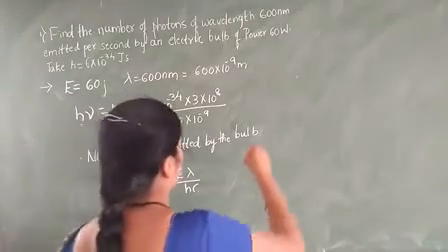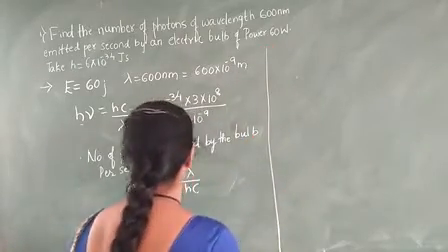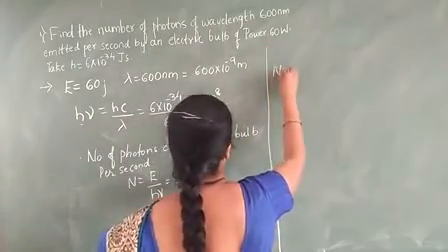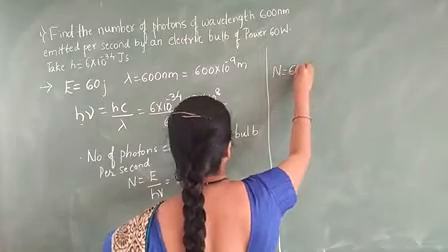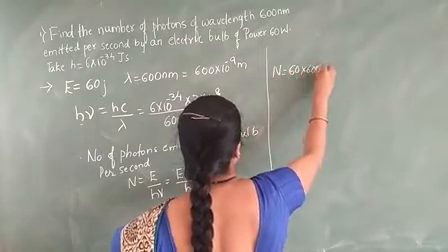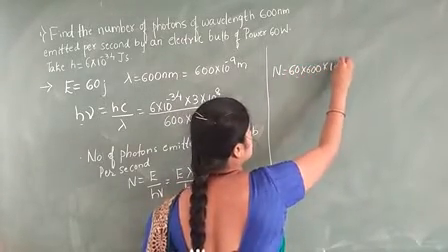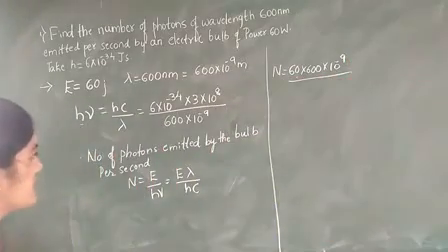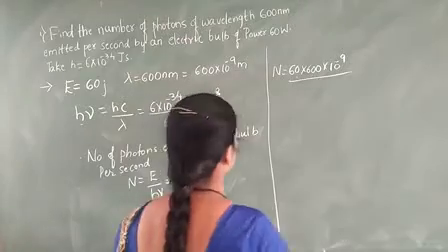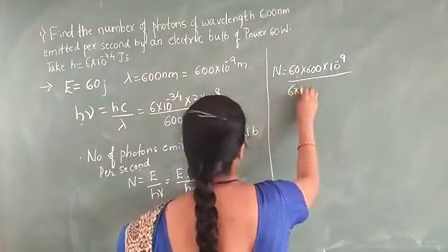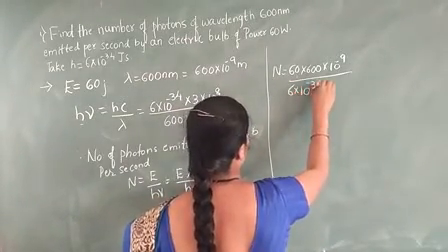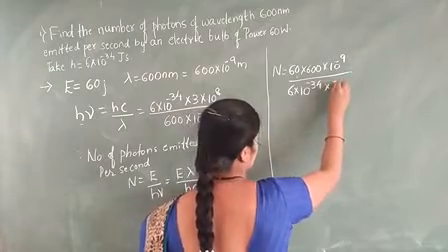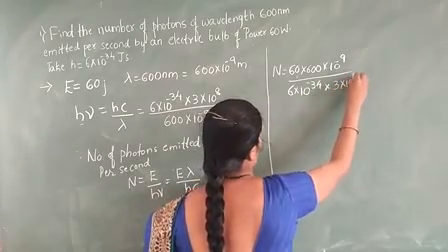Now put all the values. N is equal to E, that is 60, lambda 600 into 10 raised to minus 9, whole divided by h into c. Put the value of h, 6 into 10 raised to minus 34, into 3, c is 3 into 10 raised to 8.